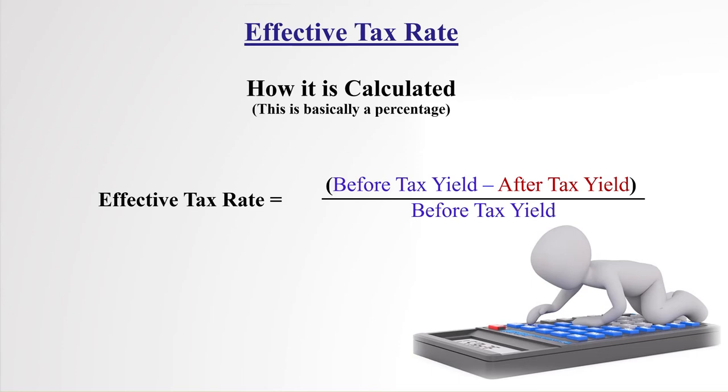So how is this effective tax rate calculated? It's basically a ratio of your before tax yield and after tax yield. And it is basically your before tax yield minus your after tax yield divided by before tax yield. Again, this is a percentage.